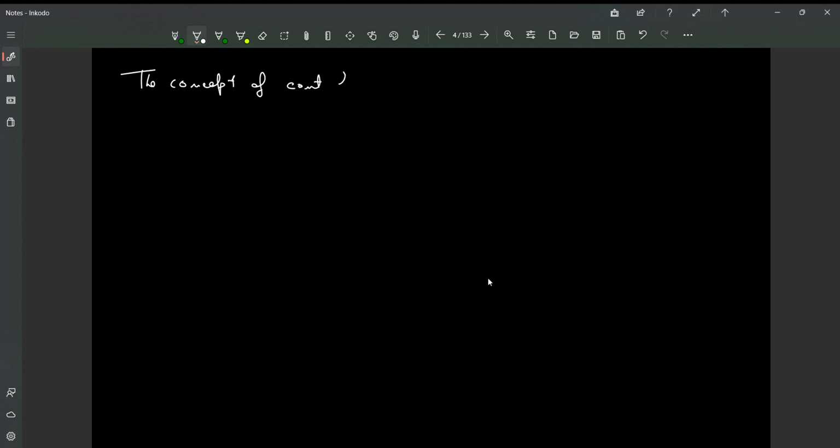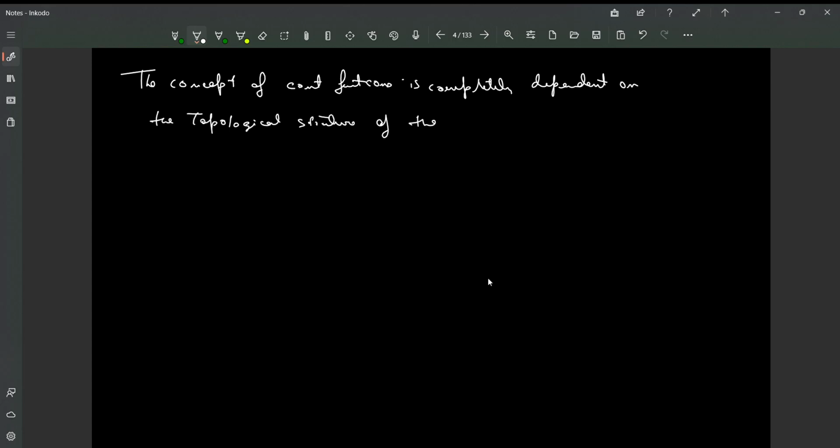The concept of continuous functions is completely dependent on the topological structure of the domain and codomain. Or rather, let me be very precise and specific: it's completely dependent on open sets.